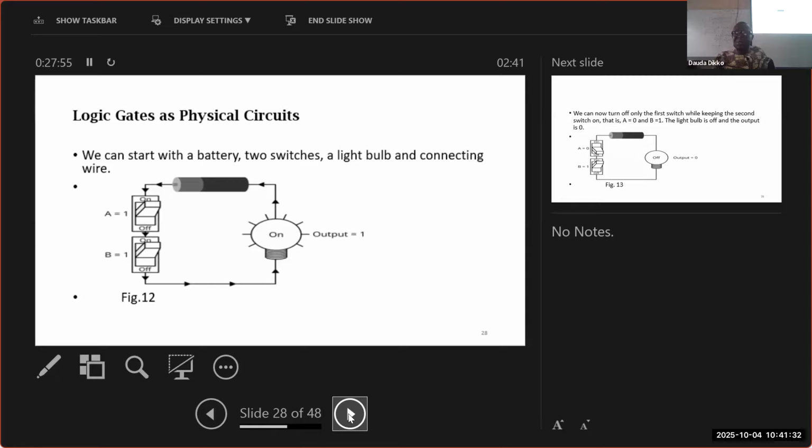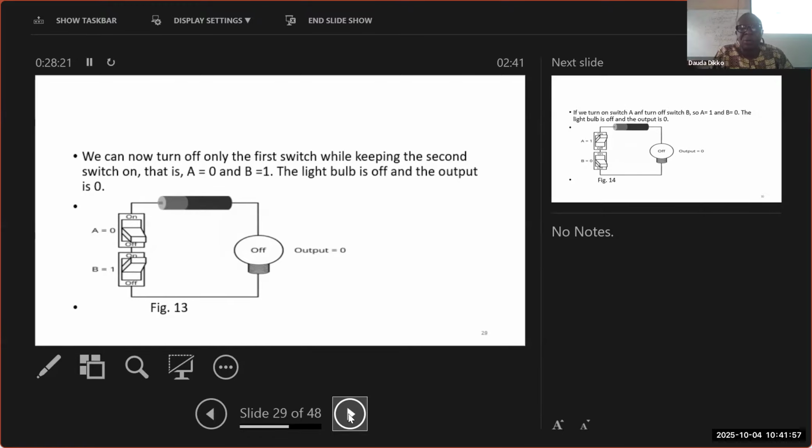The output is represented by the light bulb, and you can see that the light bulb is also on. That is how a logic gate can be used to represent a physical system.